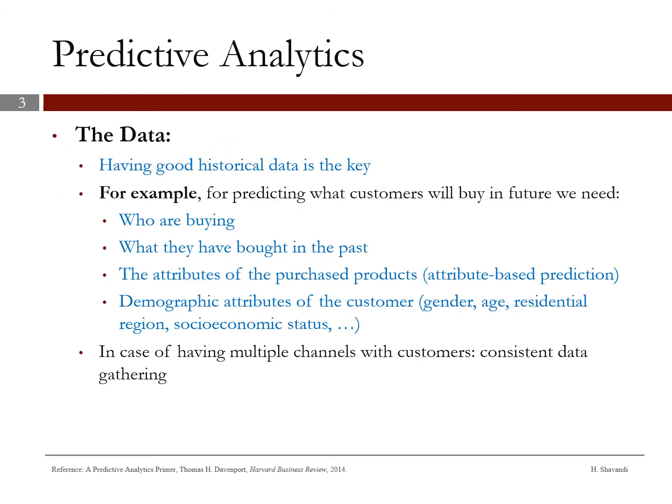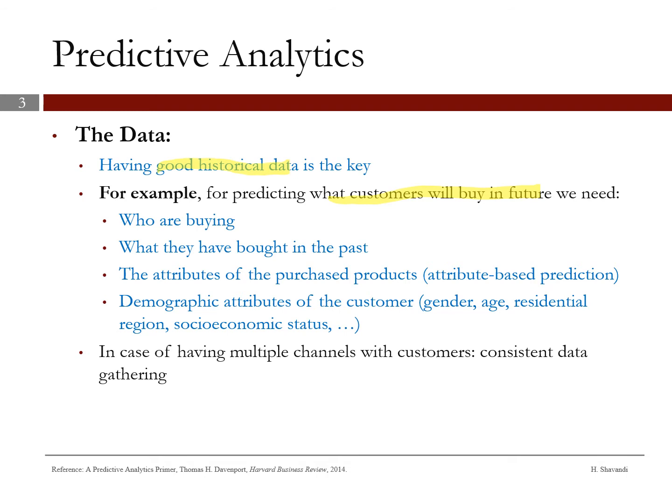The first thing in applying predictive analytics methods is having good historical data. Without good historical data, we're not able to use predictive analytics methods. Okay. For example, let's say we want to predict what customers will buy in the future.